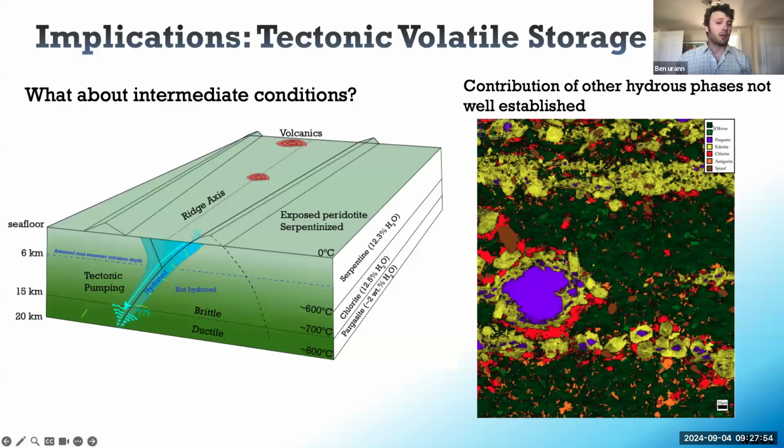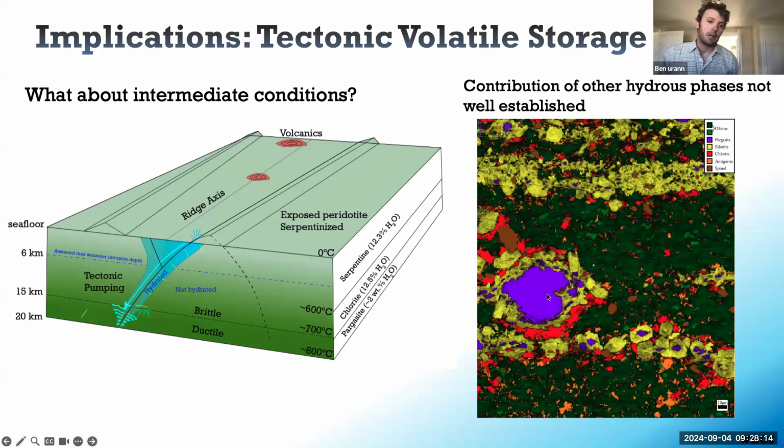And so in this figure on the right, just to give you an idea of the importance of this, I'm showing a Raman phase map that I did with Frieder Klein, and essentially you have the pargasite in purple, and then you also have the chlorite in red, and the antigorite, which is a serpentinite mineral, in orange.